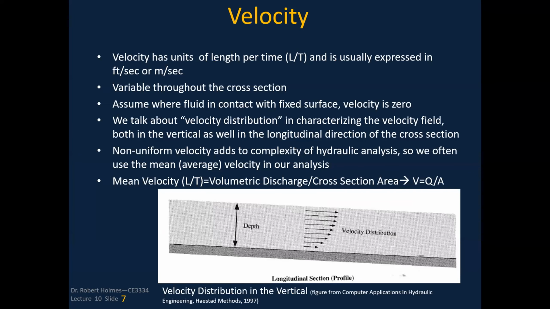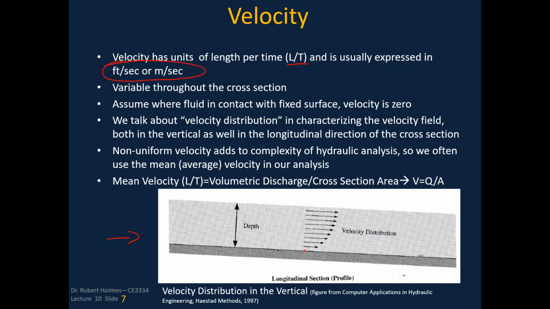If we look at velocity, that's a measure that has units of length per time. And we'll express it in this class either in feet per second or meters per second. It's variable throughout the cross section. It's not constant. And so we have this graph down here. You can see we're in the vertical. We've got the velocity going from 0 at the bed up to some value near the surface.